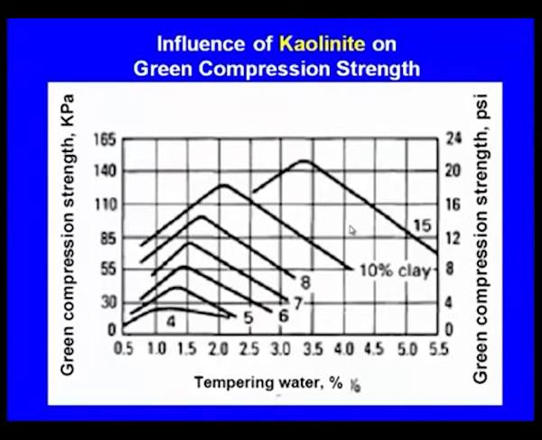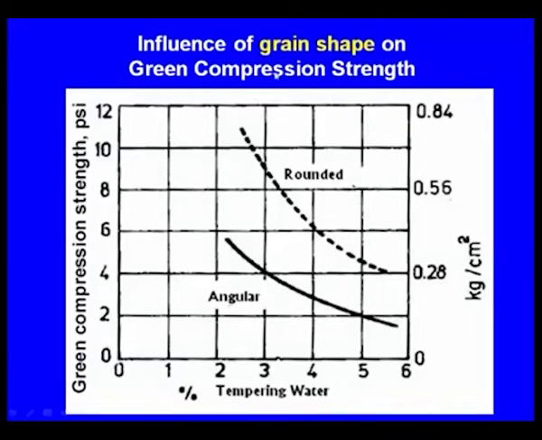As we increase the moisture content, it increases and comes down. But when we consider all these graphs together, we can see that with an increase in the addition of kaolinite, the green compression strength increases. Next one, influence of grain shape on green compression strength.